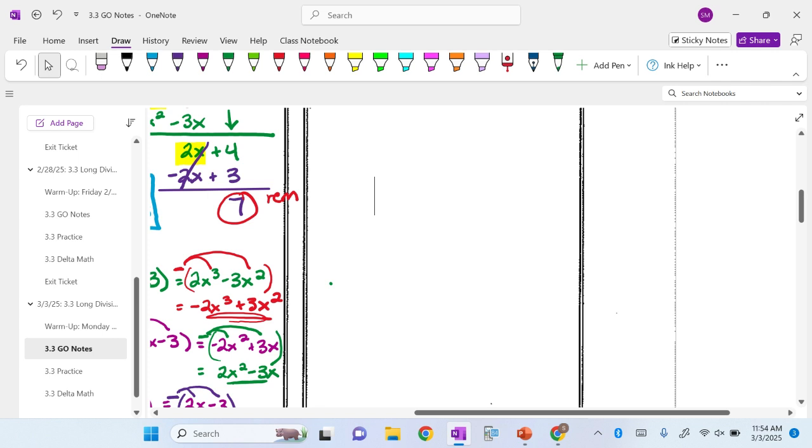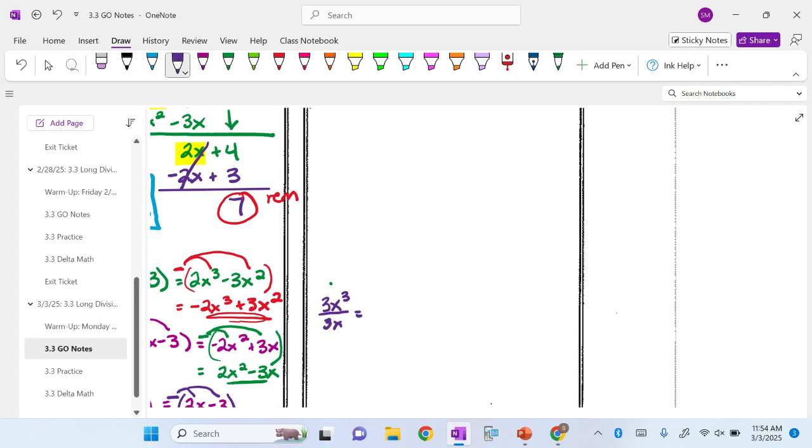So at the bottom, I'm going to write 3x cubed divided by 3x, which is what? So what's 3 divided by 3? 1. What's x cubed divided by x? x squared.